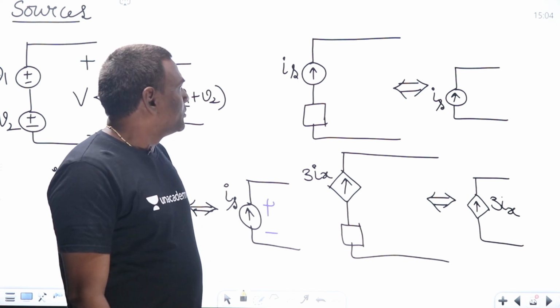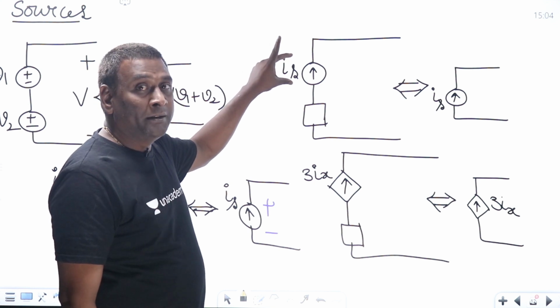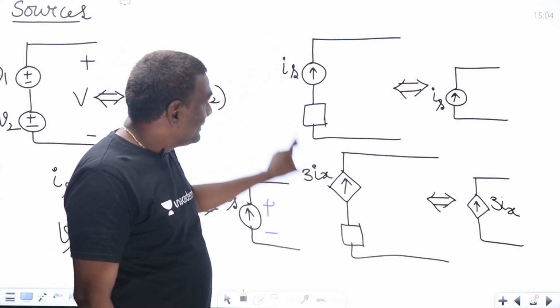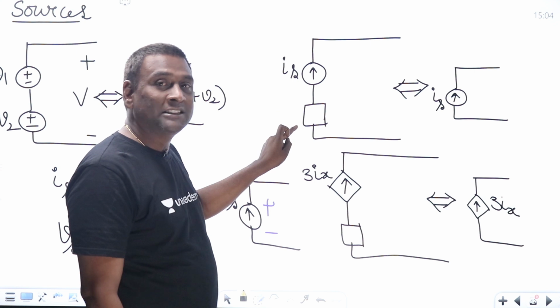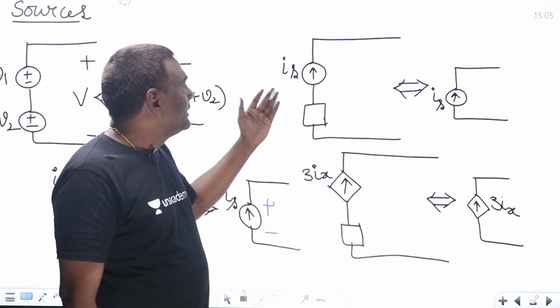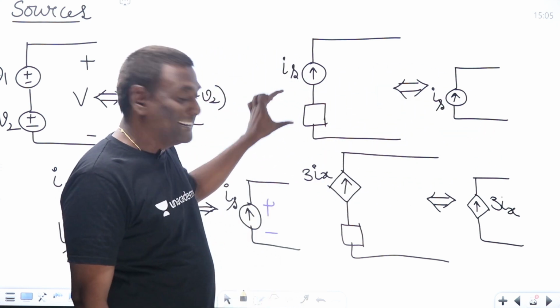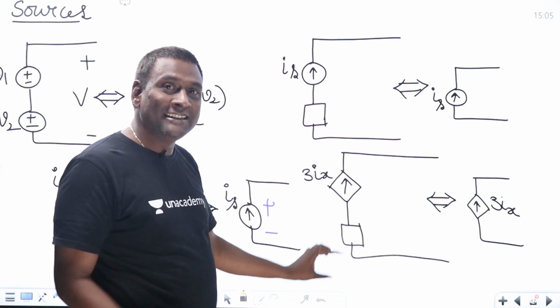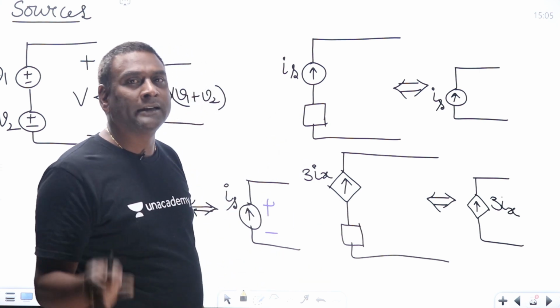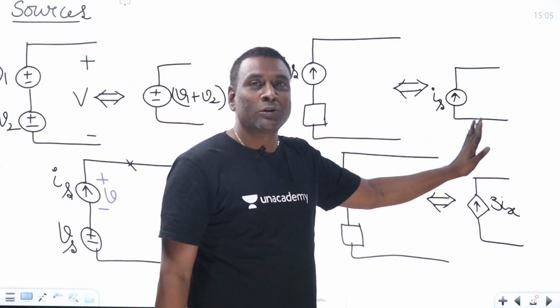Now let me complete the statement. You have to write the statement, whatever it may be. If an ideal current source is connected in series with any other element except a current source, then that particular equivalent is going to be a current source only, such that whatever may be connected in series with the ideal current source can be neglected, provided some information is being asked external to the system.